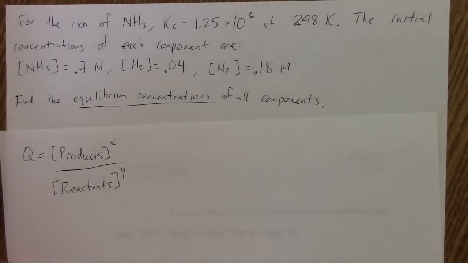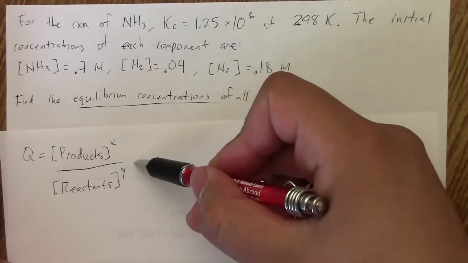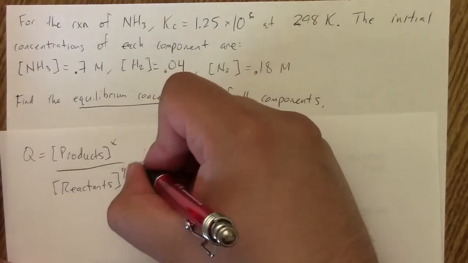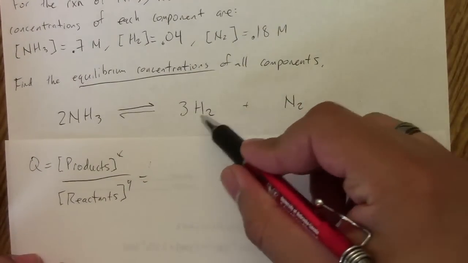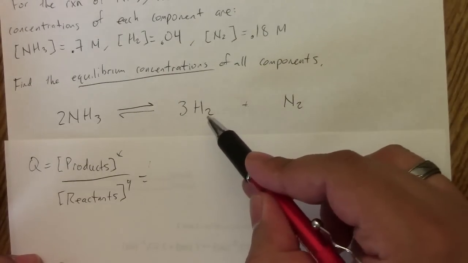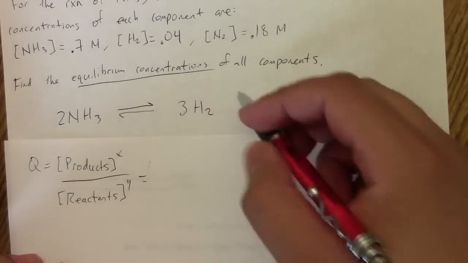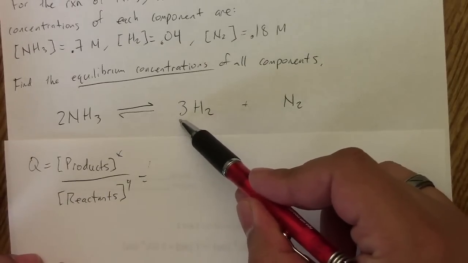Alright, so yes, Q is equal to products to the power of X over reactants to the power of Y. For our given reaction here, our products are over here. Do not forget, we use the power of our coefficients. So I'm going to say that again. As we write this, we need to make sure not to ignore these coefficients.